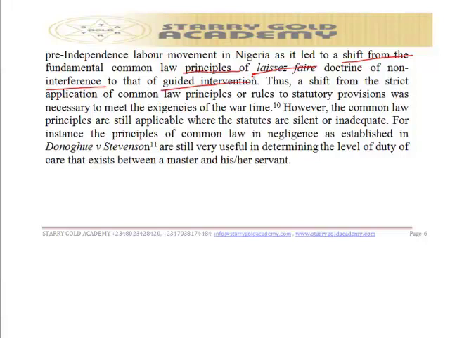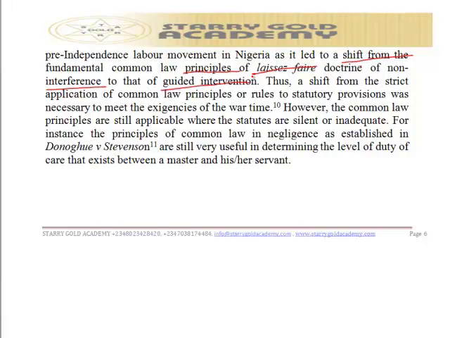Thus, a shift from the strict application of common law principles or rules to statutory provisions was necessary to meet the exigency of wartime. However, the common law principles are still applicable where the statutes are silent or inadequate.